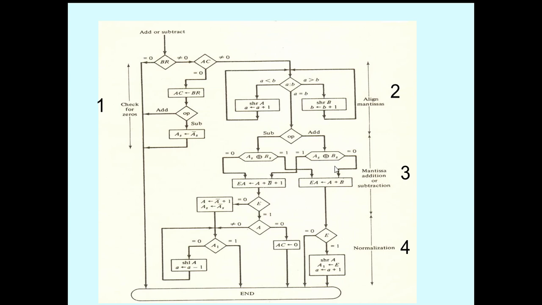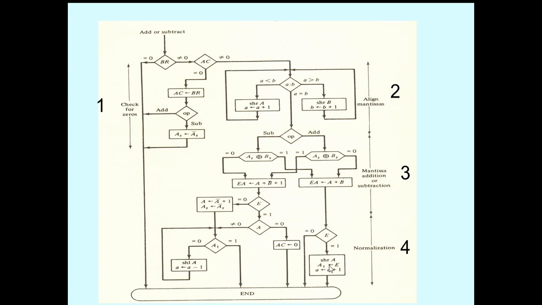For example, if it is an addition operation and both signs are equal, meaning both are positive numbers or both are negative numbers, then we can simply perform the addition of the mantissas. If the carry E equals 0, then end the operation. If E equals 1, shift right A, E is placed in the A1 position, and increment the exponent by 1.